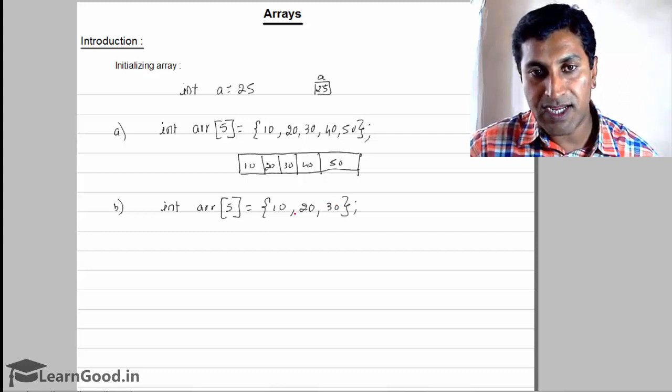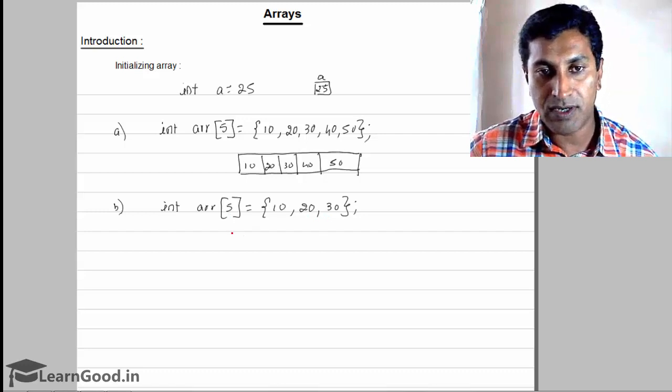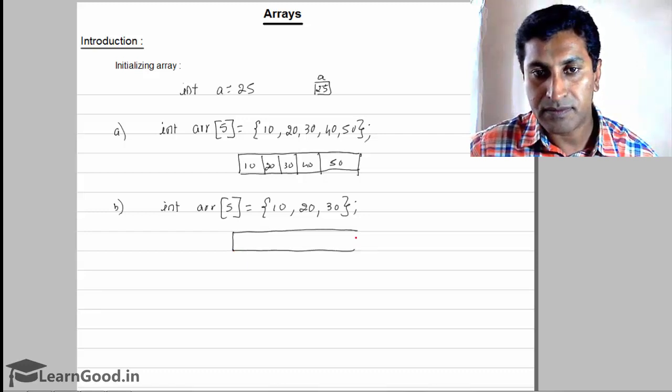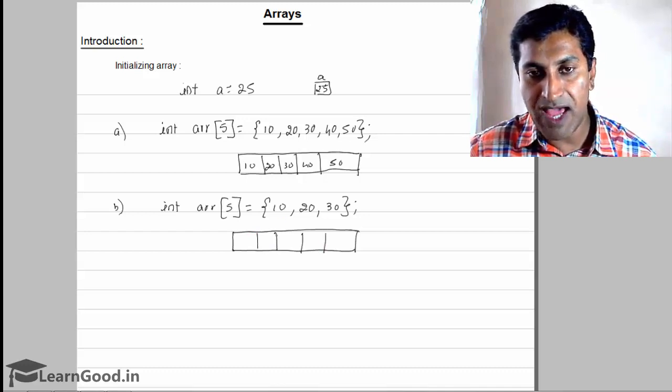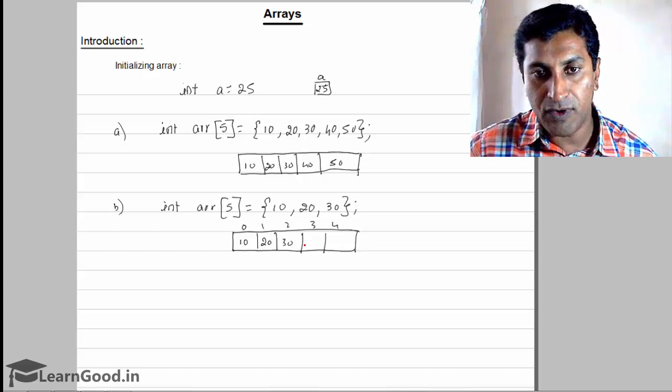It's not necessary that you give as many values as the number of elements you have created. In that case, it will create an array of 5 elements, and these 3 values are stored in the initial locations, that is, 10, 20, and 30 are stored in index numbers 0, 1, 2, whereas 3 and 4 will be automatically initialized to 0.